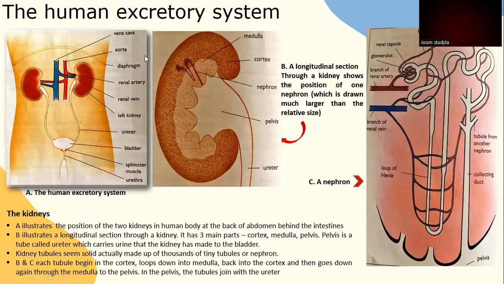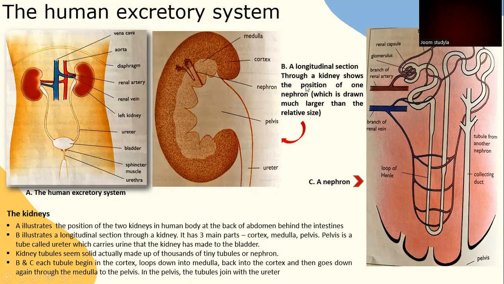The human excretory system. Diagram A shows the human excretory system. In this diagram, it shows the vena cava, aorta, diaphragm, renal artery, renal vein, left kidney, ureter, bladder, sphincter muscle, and urethra.